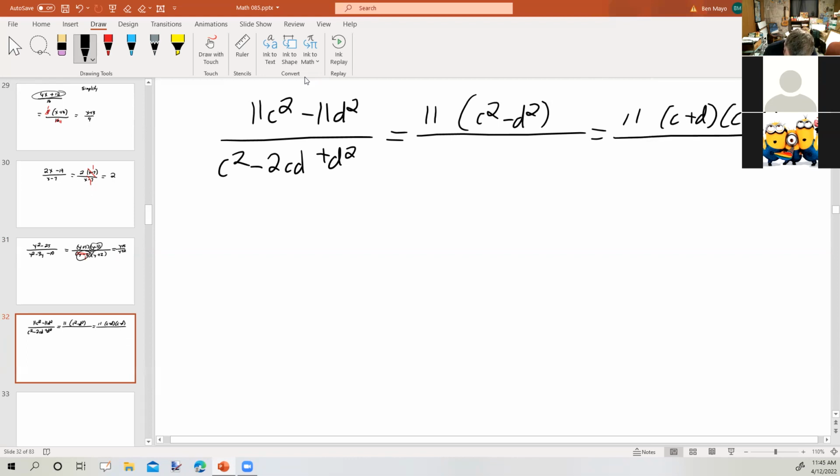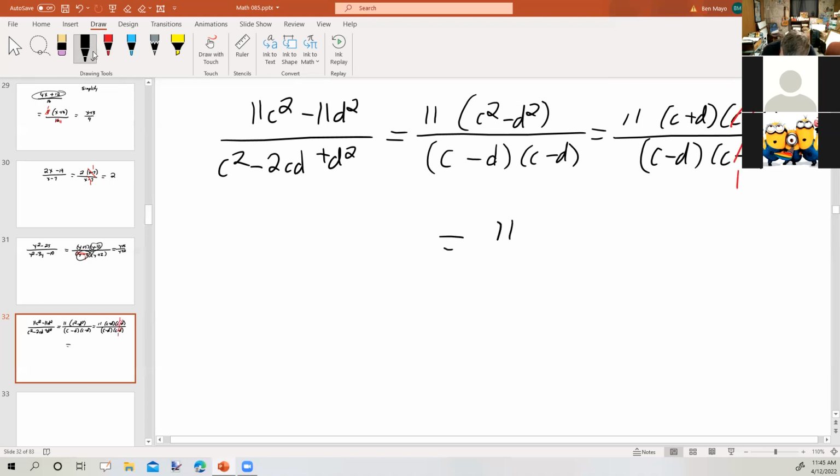In the denominator, this is a perfect square trinomial. I'm not taking time to do all the steps to factor it, because that was last chapter. So are we okay so far? Yes. So now I can reduce out a common factor.